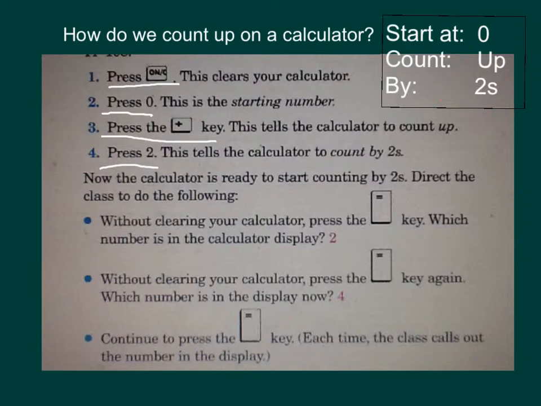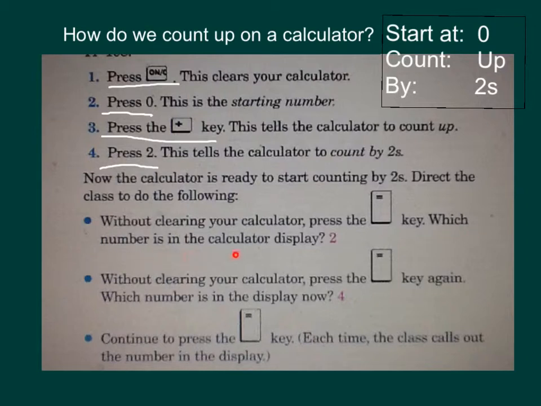This tells the calculator to count by twos. Do this now. Now the calculator is ready to start counting by twos. The way we're going to ask the calculator to do this is we're going to press the equals key to tell the calculator to start counting by twos.